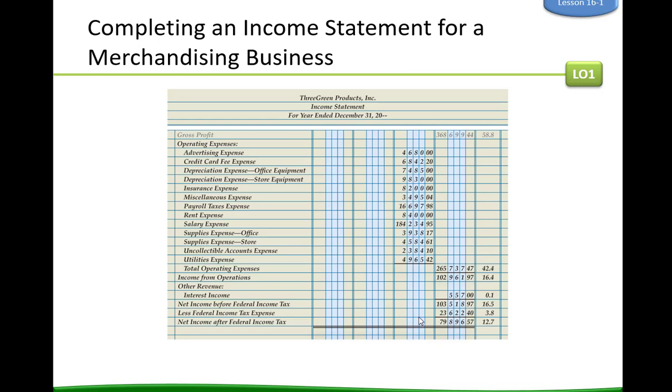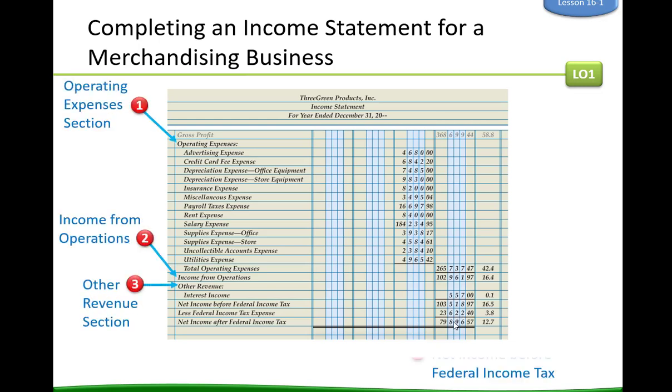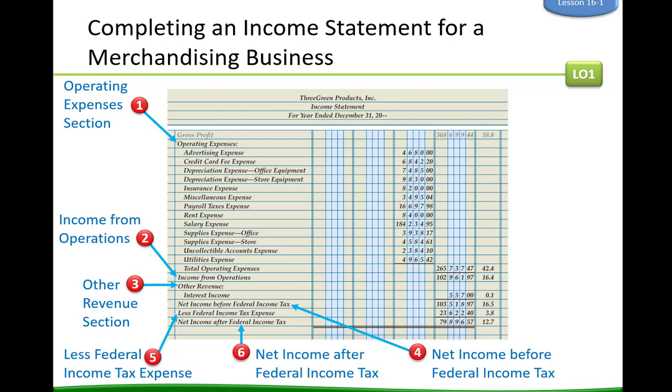Then you find your federal tax expense, record it, and then you subtract, and that's your net income after federal taxes. That's the end of the chart. All along, when we're doing the vertical analysis part, the percents are divided by your net sales. It's a percent of net sales.